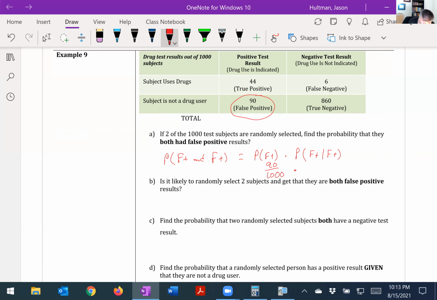What's the probability of getting a false positive given that we've already had a false positive? Well, we already know that somebody got a false positive. That means it's going to go down to 89 false positives out of 999.